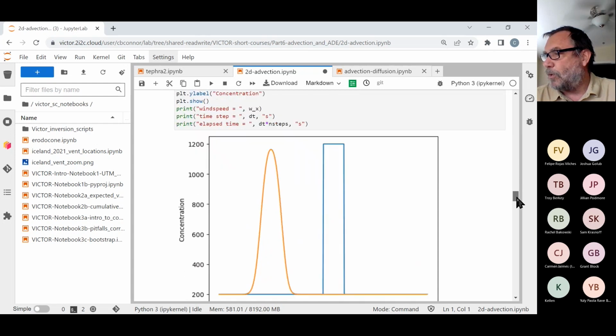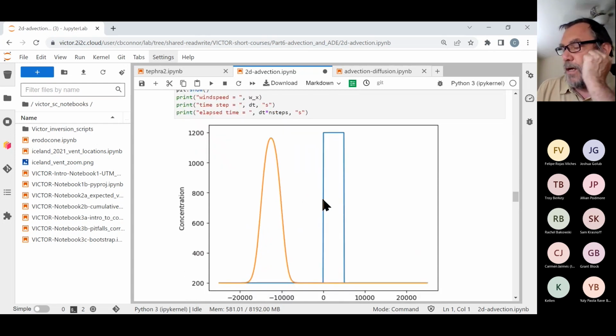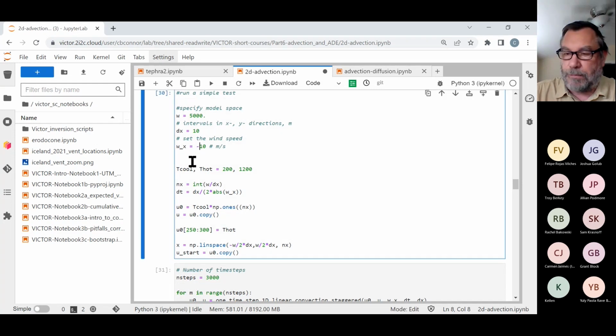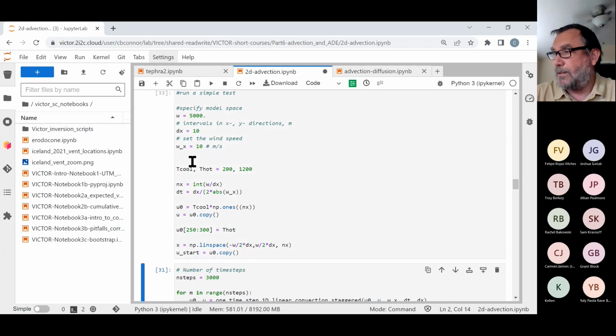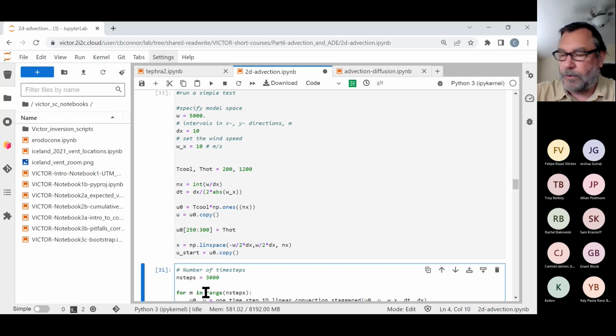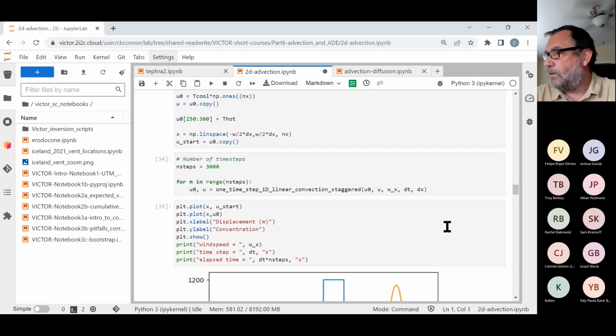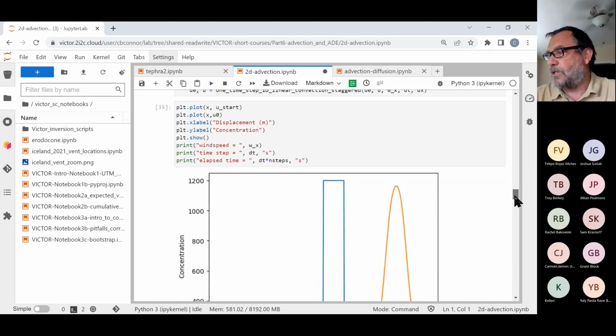Yeah, and so the concentration or the temperature is now advected downwind, even if the wind is in the negative direction, right? So this is an improvement in the model, and I can probably change that to a positive term and rerun it. And it goes in the other direction, right?